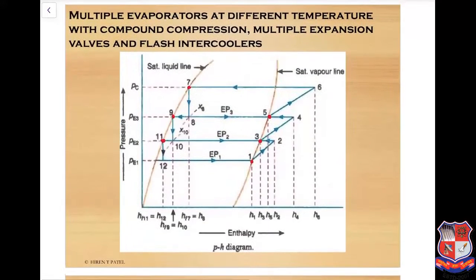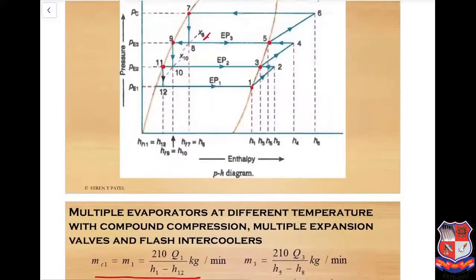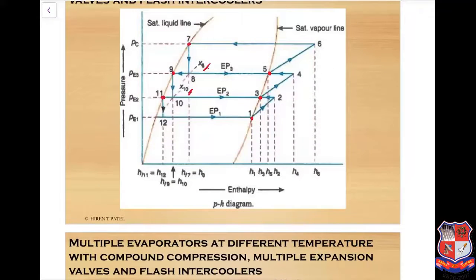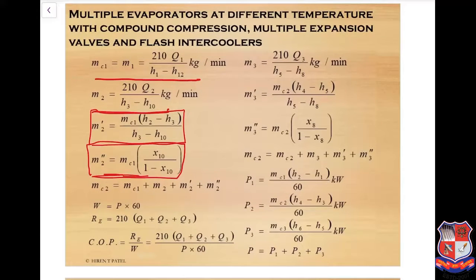Here we can see that at X10. So M2 double dash is equal to MC1 into X10 divided by 1 minus X10. So the total mass that needs to be handled by the second compressor is MC1 plus M2 dash plus M2 double dash.